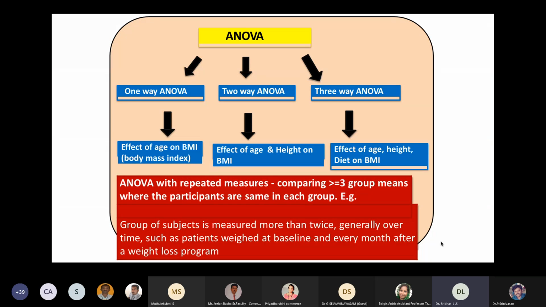Three-way ANOVA is the effect of age, height, and diet on BMI, measuring all three. You keep adding more factors and testing their effect on one particular outcome. So, one-way ANOVA, sir. Next, sir.